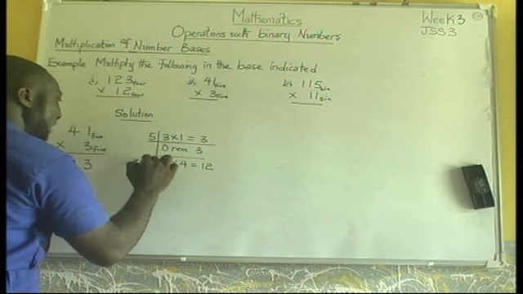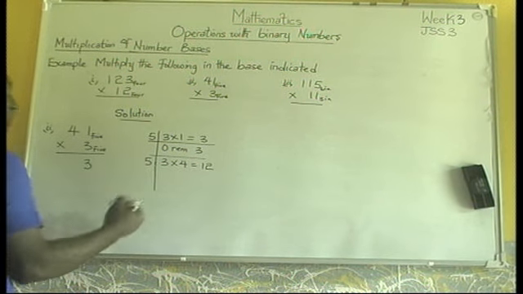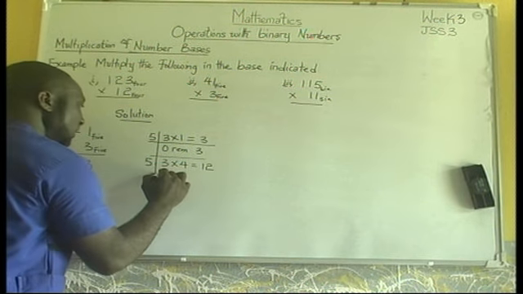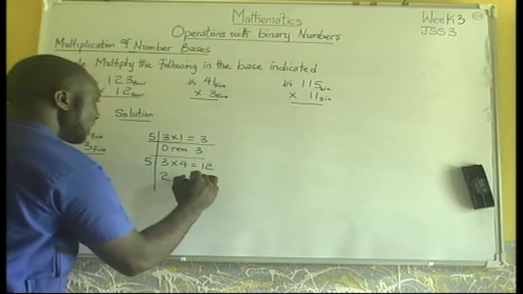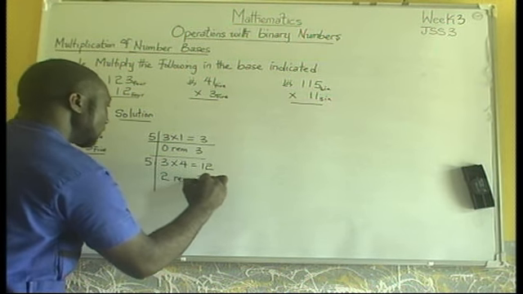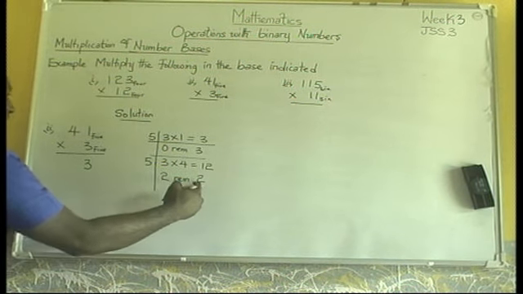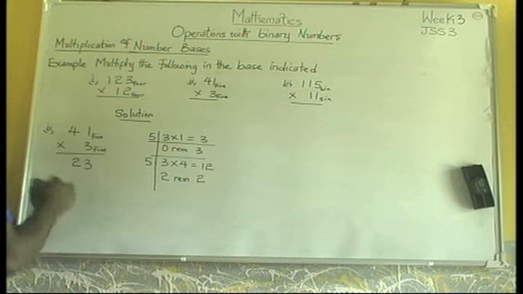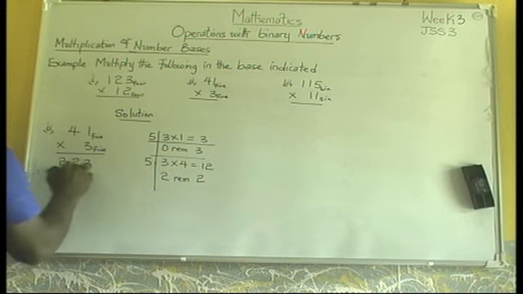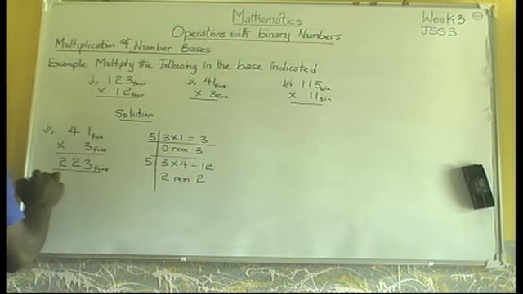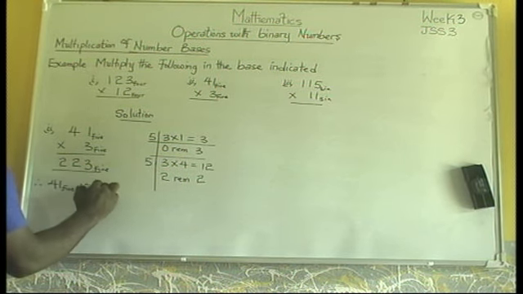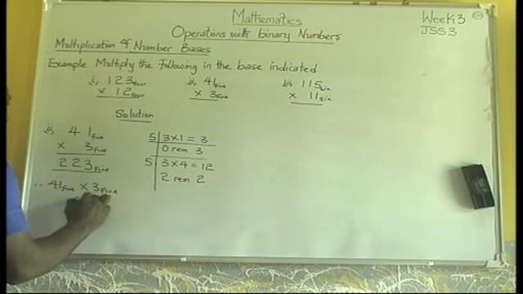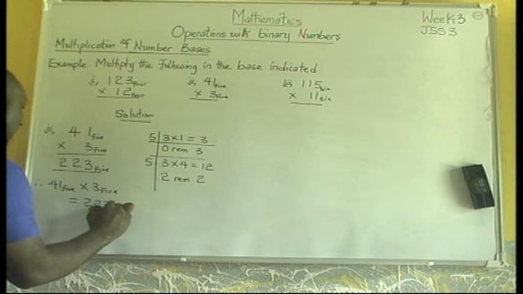Now let's operate it with 5. 5 in 12 is 2, remainder 2. So you are picking these two, and you are still picking these two since you don't have any other number. So this is base 5. This is just the answer. Therefore, 41 base 5 times 3 base 5 is equal to 2 base 5.